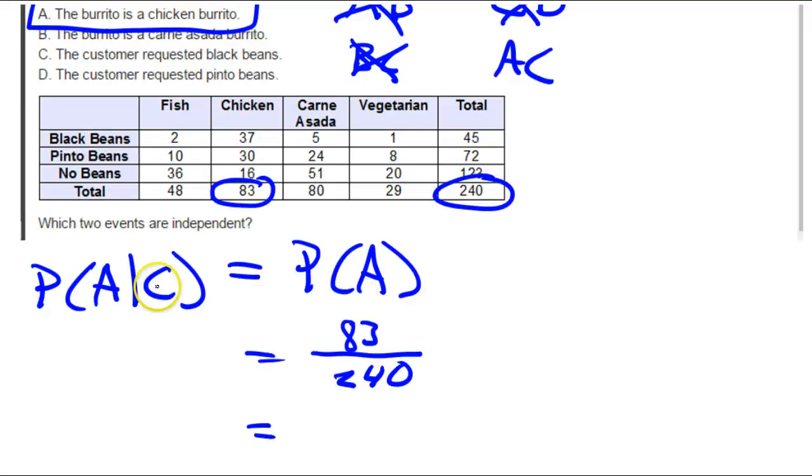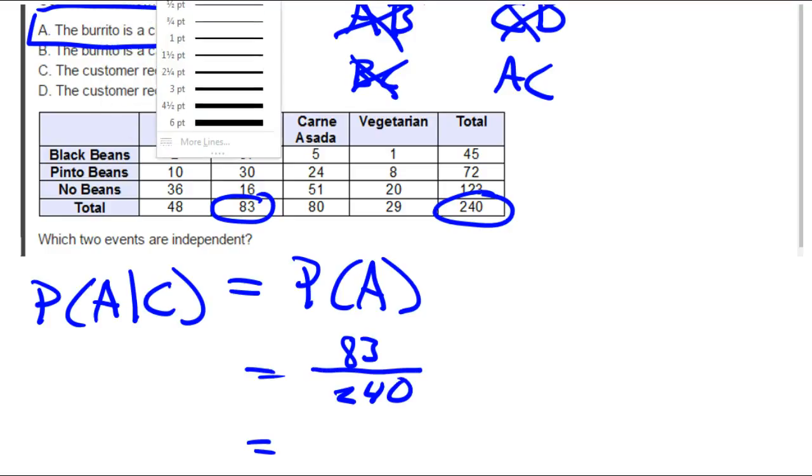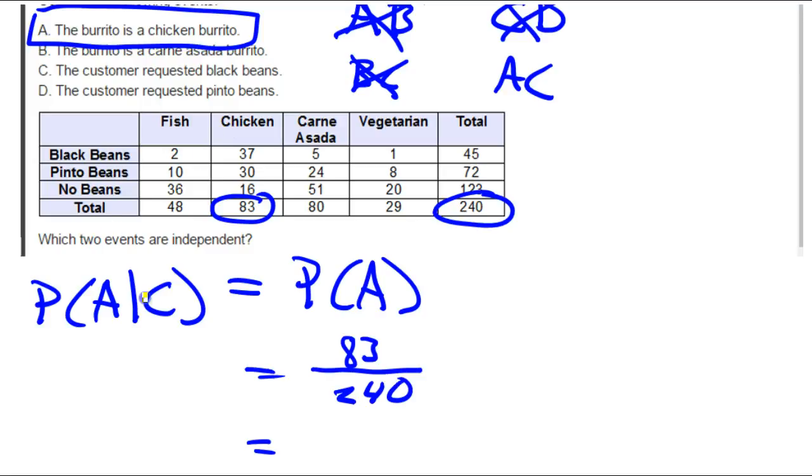Now, how about the probability of A given C? If we're given C, that means we're given black beans. So we're given this. That means the rest of these did not happen.